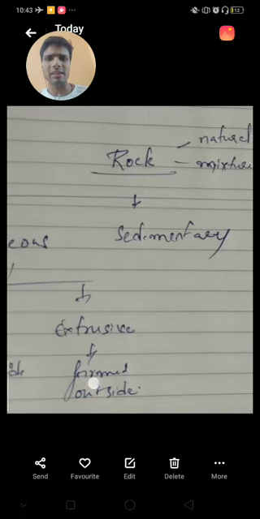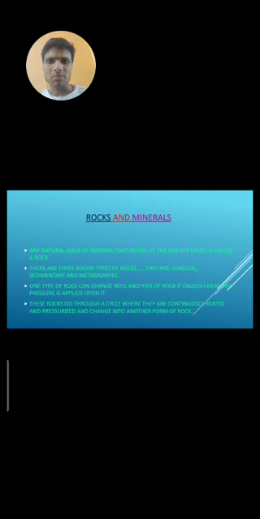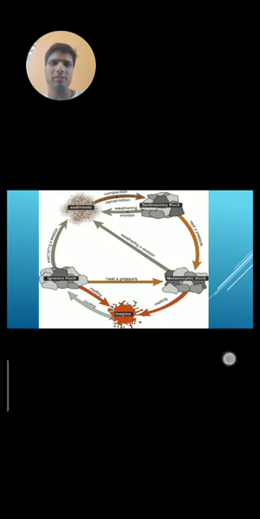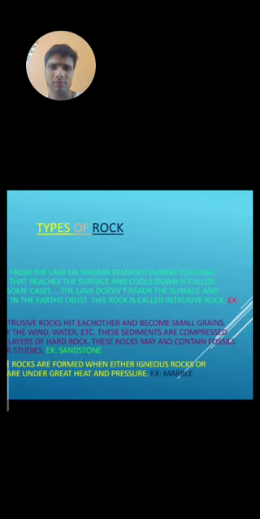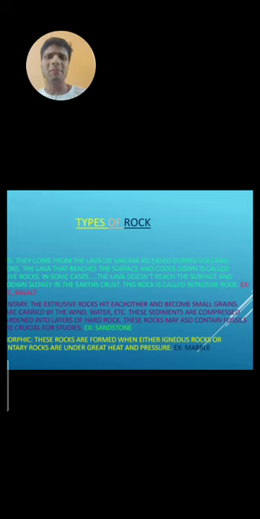And the second type is sedimentary rock, and this rock is normally formed from small sediments. Sedimentary rock is nothing but the igneous rocks themselves, when they break into small pieces, small sediments, and these sediments mix up with organic matter and turn into a layered rock.